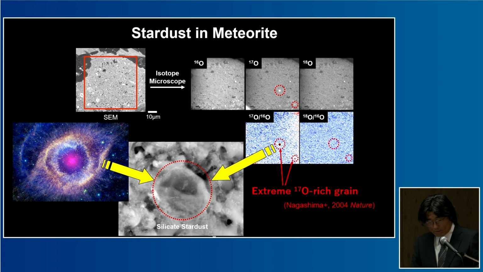In the solar system, we cannot produce this kind of grain because of its very large isotopic anomaly. So now we believe this grain formed in a different star.